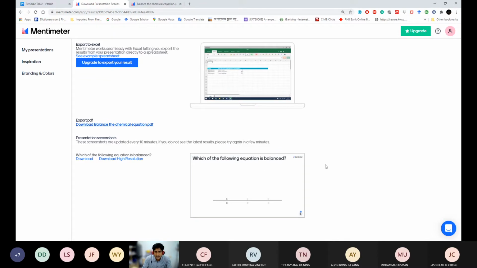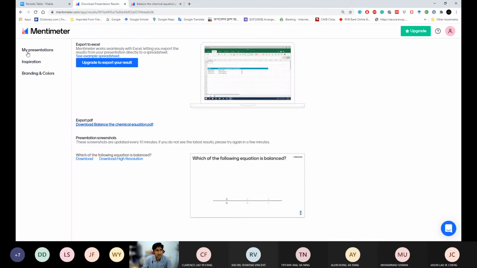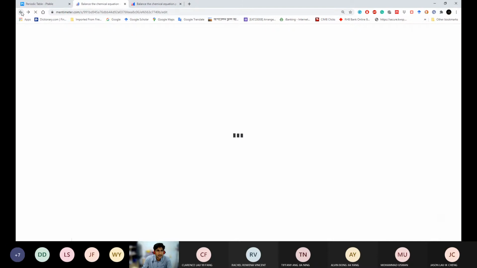Anyway, so the first one, the answer is... what's wrong? It shows 0, 0, 0, but I can see that 14 of us actually voted. Okay, I think it's Menti's problem, not mine.